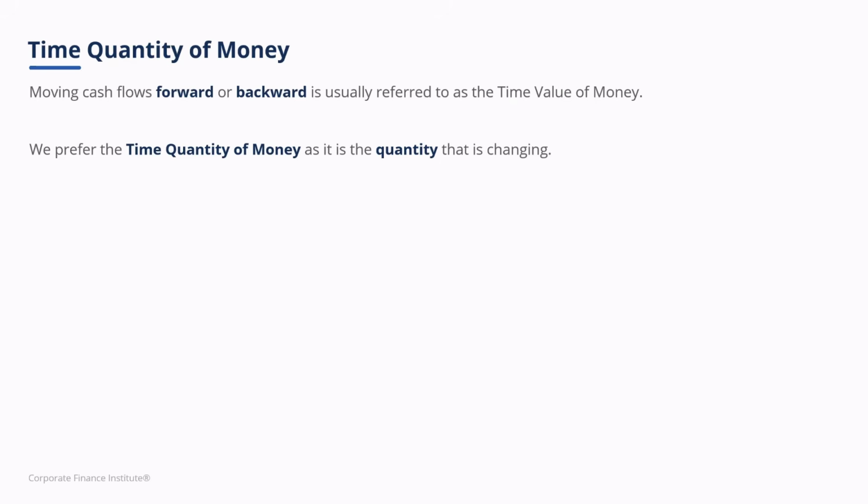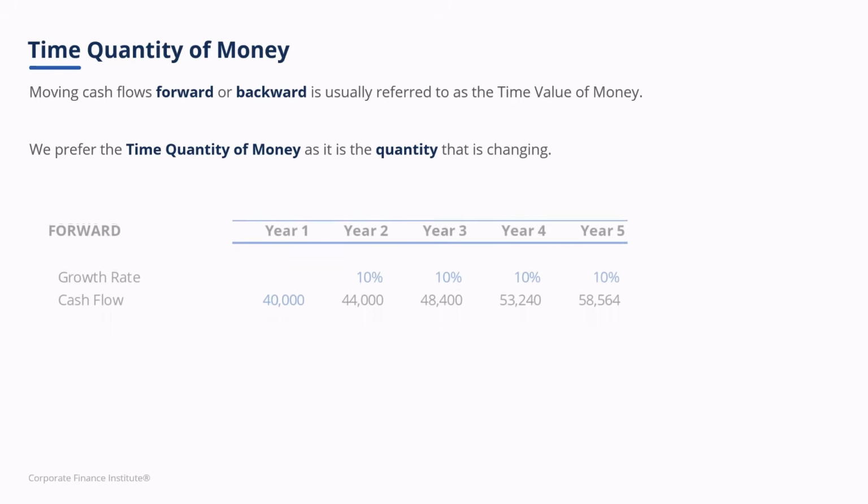The value of money can also change over time, and that change comes about because of the inflation rate. Inflation essentially erodes the value of money over time. But for now, in this discussion, we're going to focus on the quantity and how that quantity can change over time. Let's bring in this really simple example now.